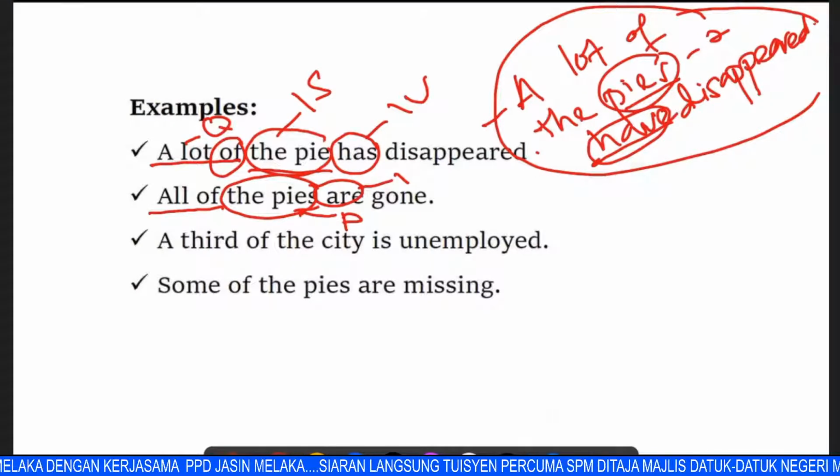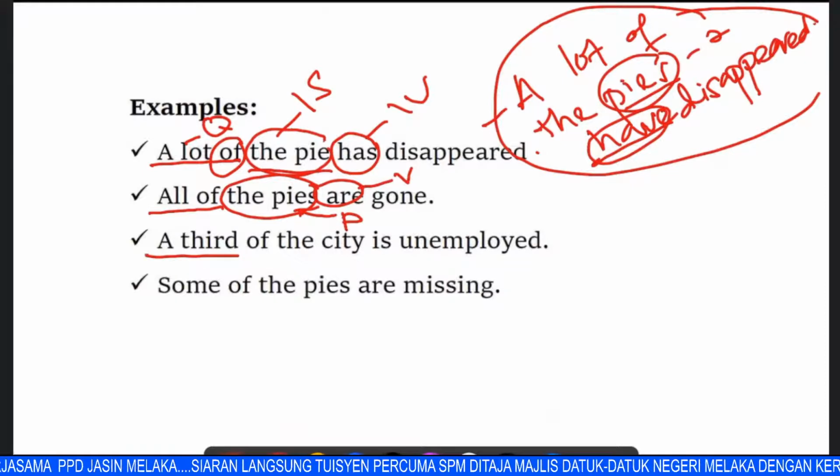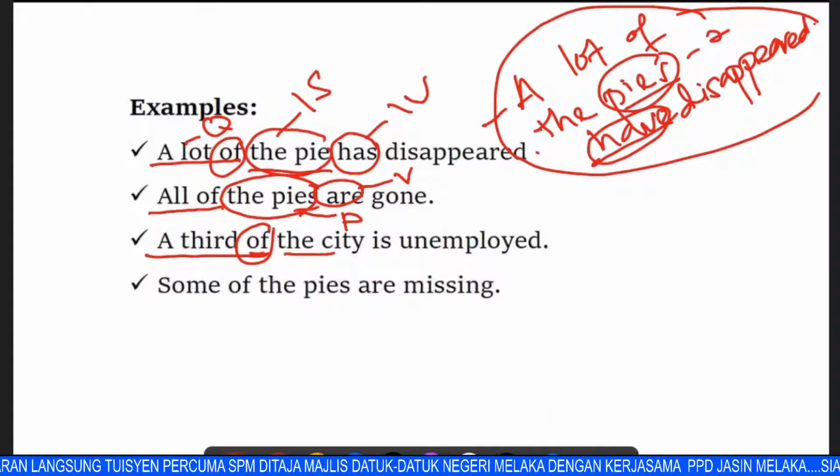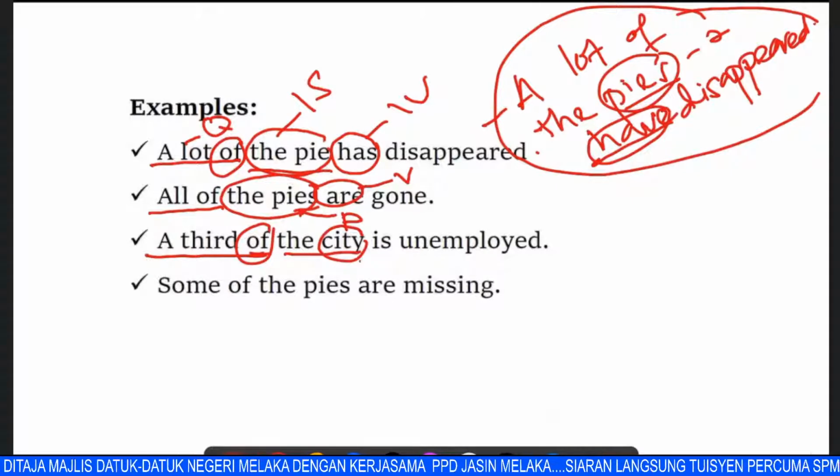Okay, example number 3, a third of. This will be the expression of quantity. Focus on the word of. After the word of, the subject follows: the city. Is it in singular form or plural form? I think you are good enough to know that city is singular.